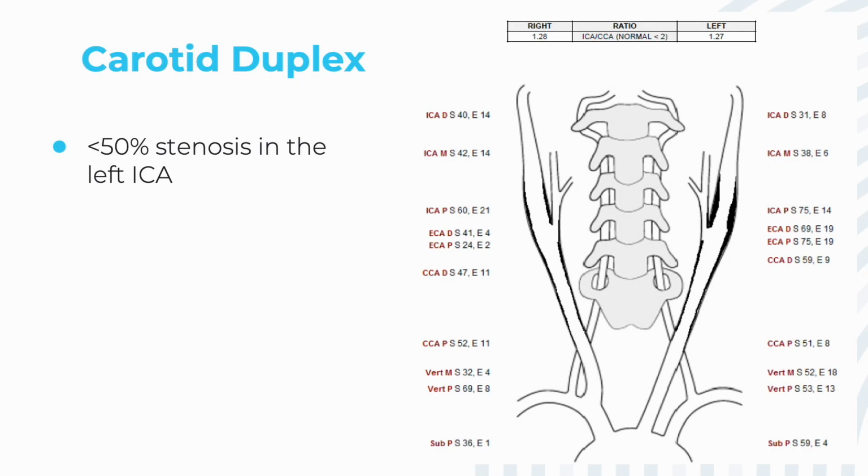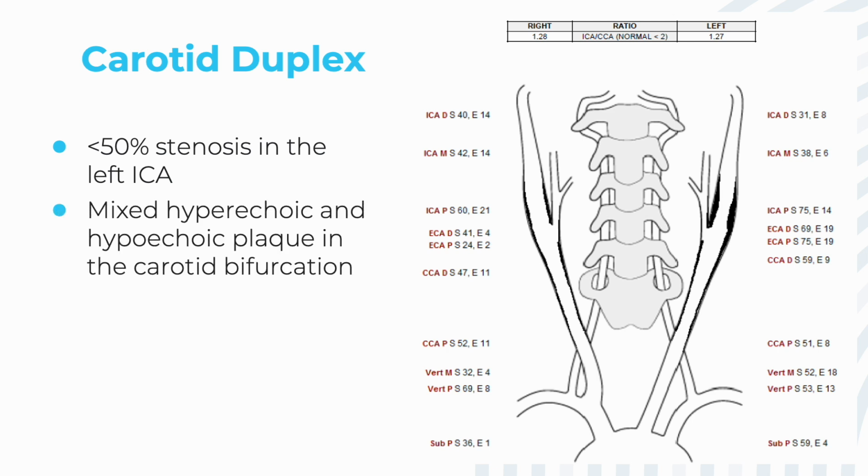If we were to apply the Plaque RADS score to this study, we know that the patient has less than 50% stenosis in the left ICA, and if we were to describe the plaque, it's mixed echogenicity. There's hyper and hypoechoic regions in the plaque. The maximal wall thickness is 3.8 millimeters.